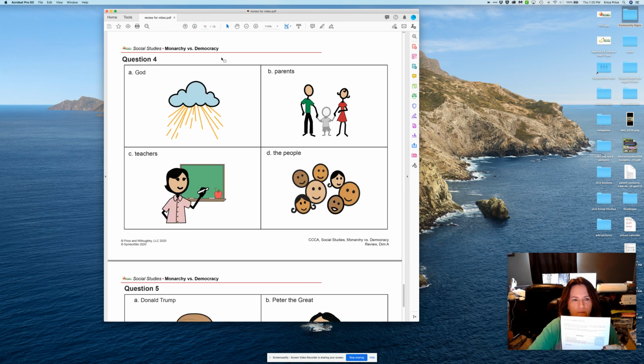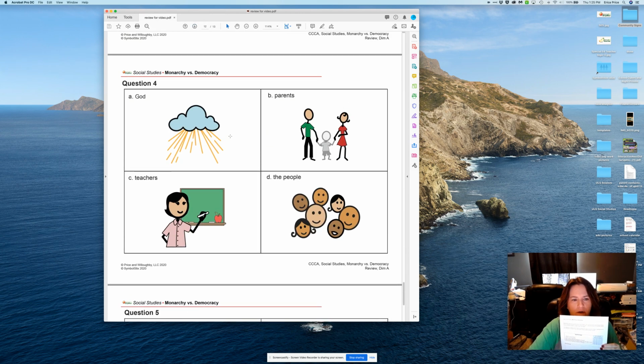Let's move on to number 4. Who did King Louis XIV believe gave him the right to rule? Was that A, God, B, parents, C, teachers, or D, the people? Who did he believe gave him the right to rule?